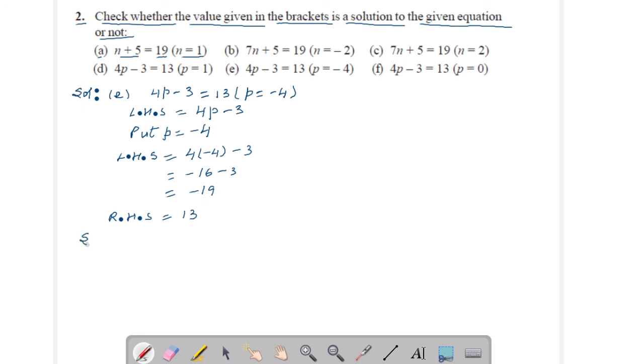Since left hand side is not equivalent to right hand side, therefore p equal to minus 4 is not the solution of given equation.